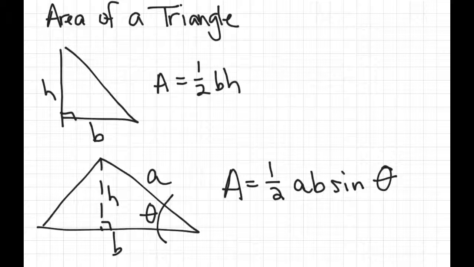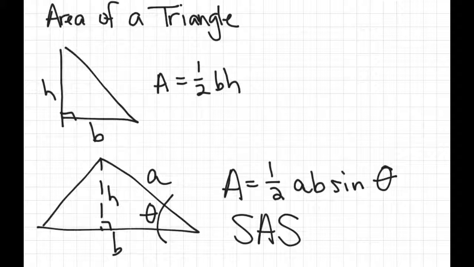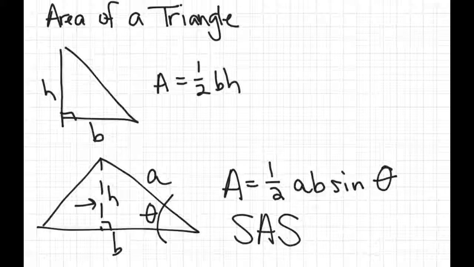Then these two sides would be A and B. The way the area formula works is it's 1/2 two sides of a triangle times the sine of the angle between them. It's a side angle side property that you use when finding the area. And I just remembered we call that an altitude. So the height in a triangle is always an altitude to the base.